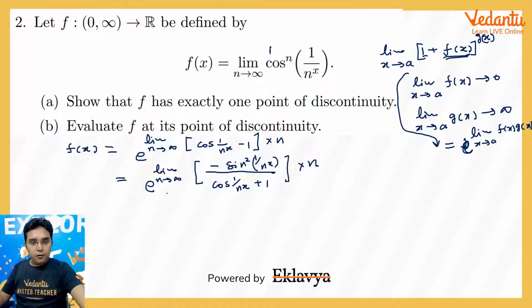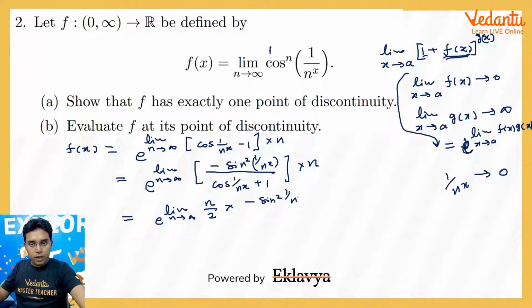Now if n approaches infinity for all x, as I have shown you, 1 upon n^x approaches 0. So I'll write this as limit n approaches infinity, and cos 0 will be 1, so we can write this as 1 by 2 into minus sin square of 1 upon n^x into n.